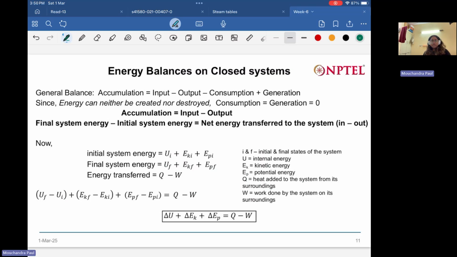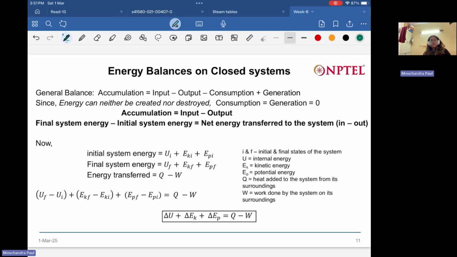So quickly, open systems are those systems where mass transfer is allowed. Mass can enter or come out from the system into its surrounding. Whereas in closed system, boundaries are there, so no mass can get exchanged from the system to surrounding or from surrounding to a system.